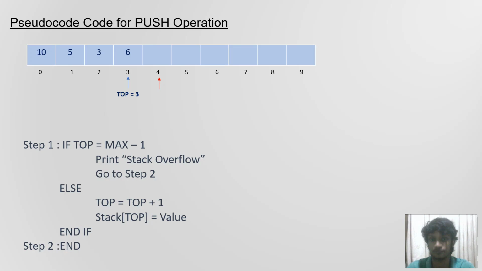So if the maximum size of the stack is 10, and there are still 10 elements stored in that stack, which means it is not empty, it is full. Therefore there will be no available space to store a new element.